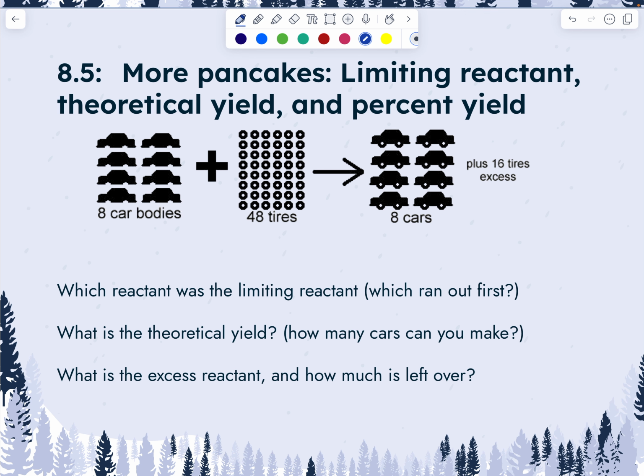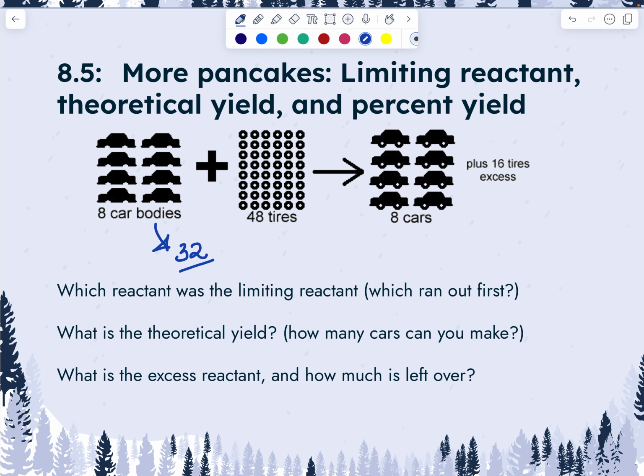Well, what you need to know is that every car is going to need 4 tires. And the first question is, which reactant is the limiting reactant? There's many different ways to figure this out, and we're going to learn a few of them. But what most people figure out in their head was, well, if I have 8 car bodies, then I'm going to need 32 tires, and I have 48 of them.